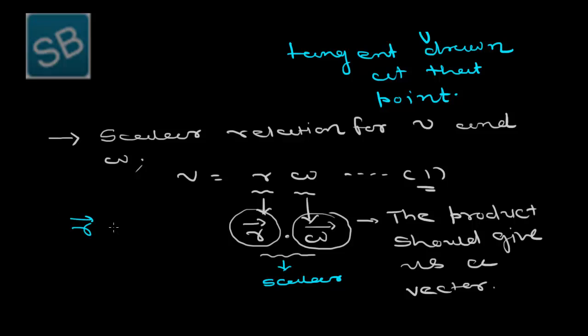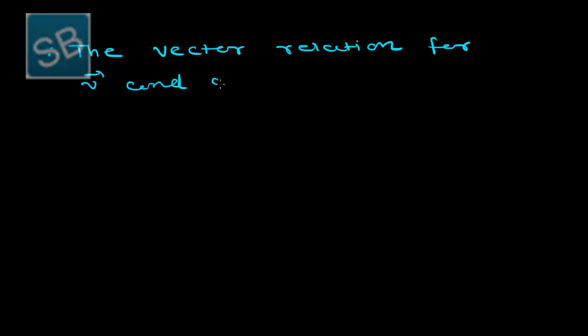But if you multiply these two quantities by cross product, then this product will give you a result in vector form, and so this velocity will now come into vector form, and so our final vector relation for v and omega is vector v is equal to vector r cross vector omega.